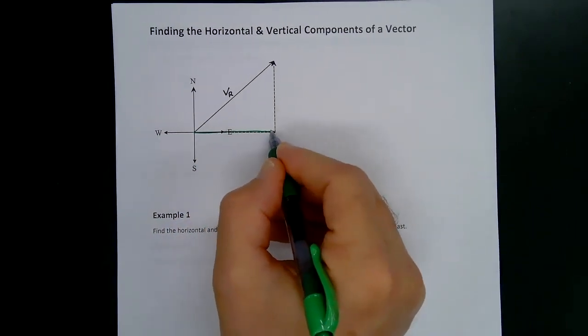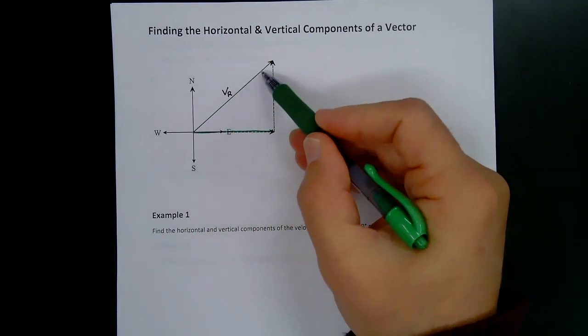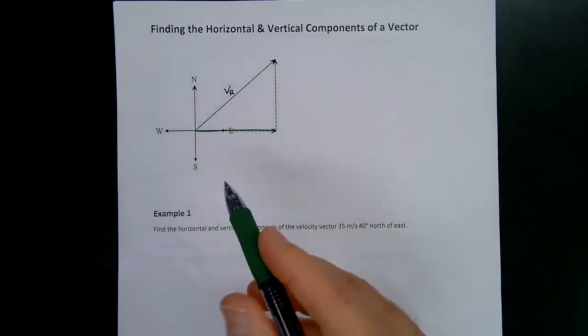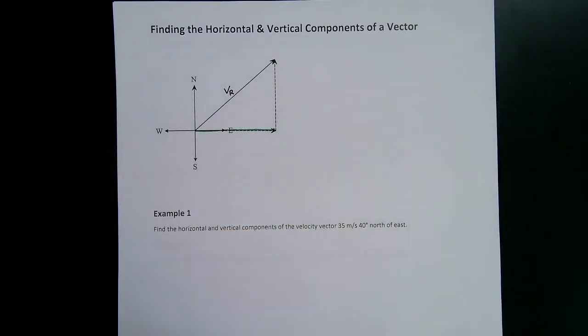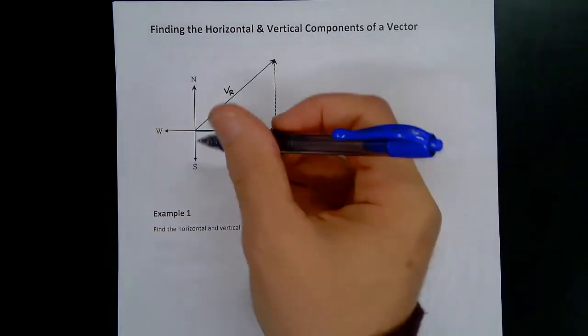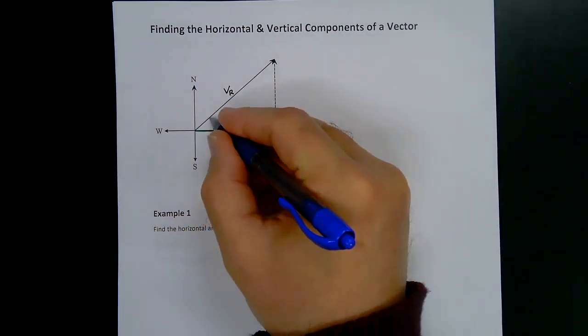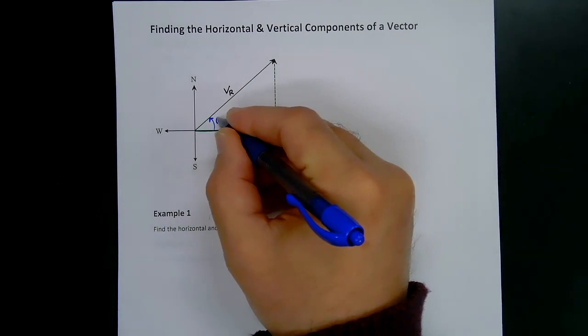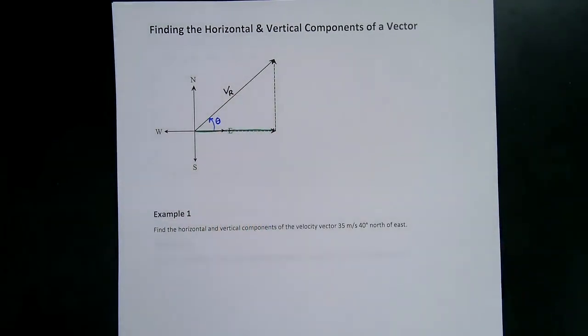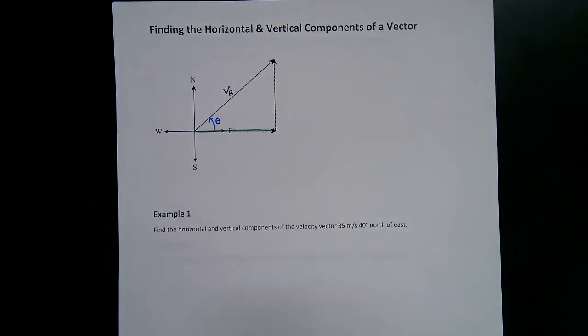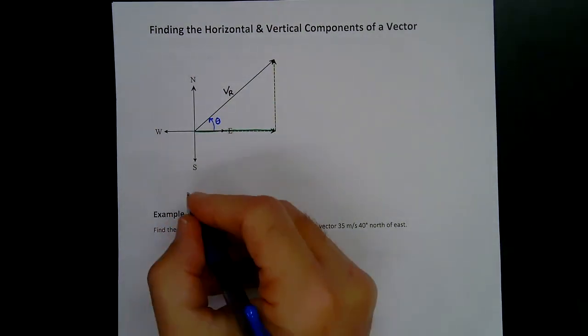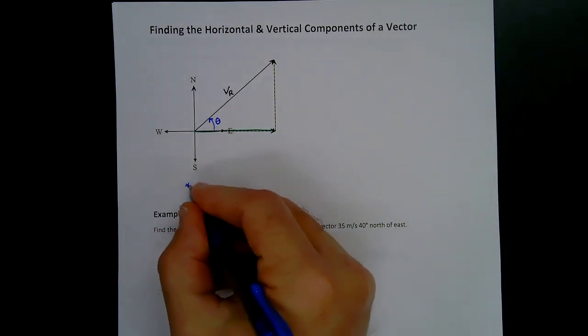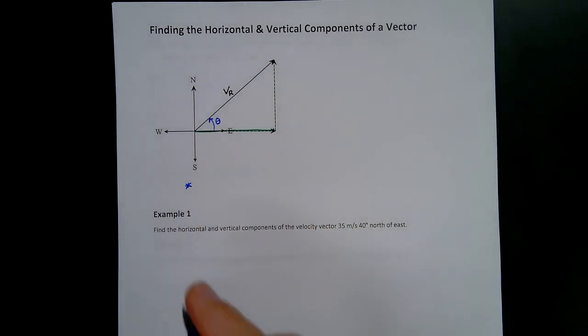So when I give this to you, I'm going to give you the length, the magnitude of this, and I'm also going to give you the angle, okay? So in this case, the angle's in the first quadrant, all right? And so we'd rotate, and this is what I'm going to call angle theta. It's always going to be the angle measured from the positive x-axis, okay? That's really, really important because we'll get the wrong answers if you don't do it that way, okay?